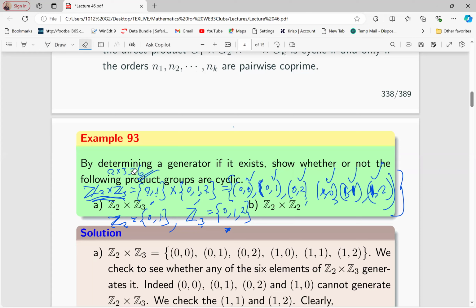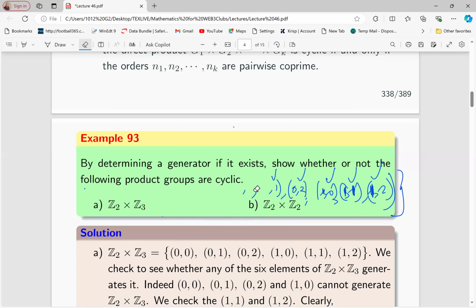Now, the question is, show that Z2 cross Z3 is cyclic. Of course, we've already seen that it's cyclic. All of us see that it's cyclic because we've said that it's cyclic if the orders are relatively prime.